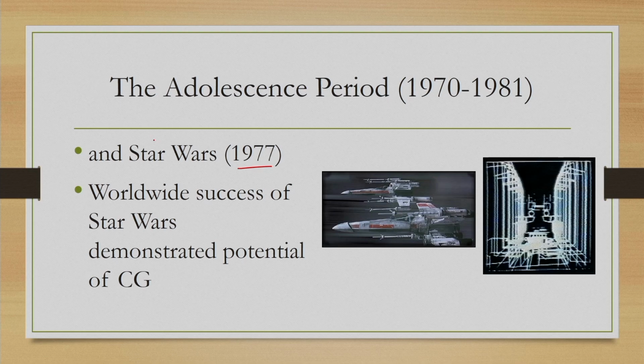I think most of you, if not all, may be aware of this movie. So, the first movie came out in 1977 and it became hugely popular throughout the world, and as a result people learned about the potential of computer graphics in a more compelling way.